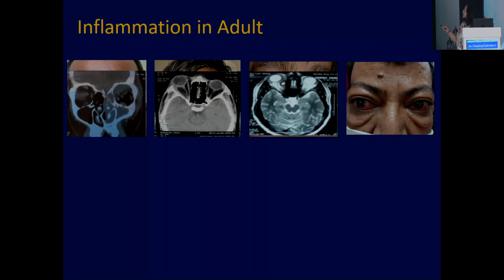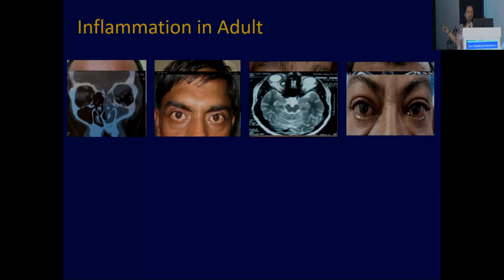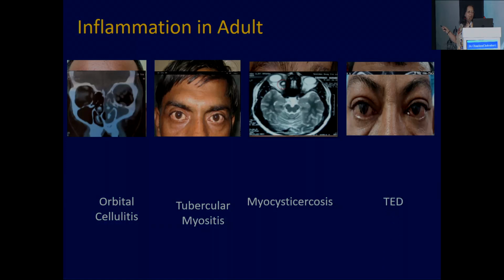Myositis. And this, what is this? Thyroid eye disease. See, the typical Coca-Cola sign of thyroid eye disease. Most of the muscles are involved. So after getting treatment, see the wonderful response. All the patients have improved.